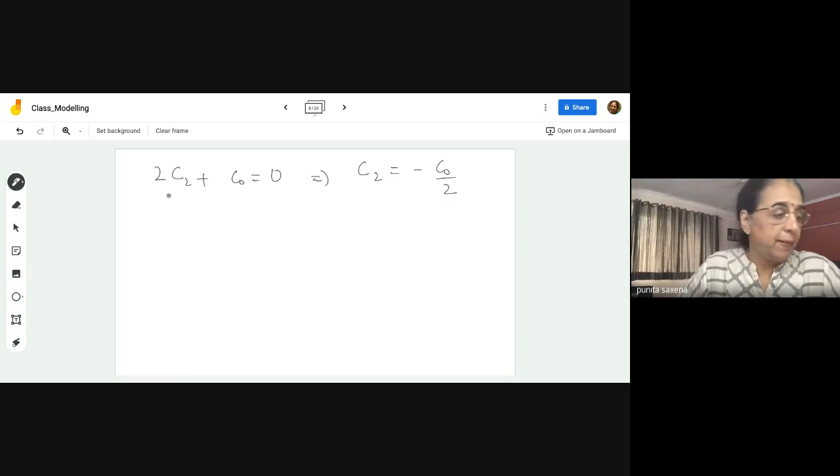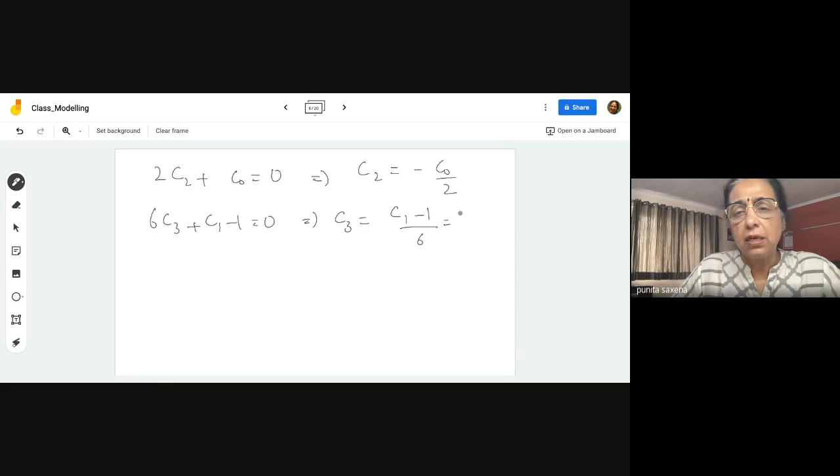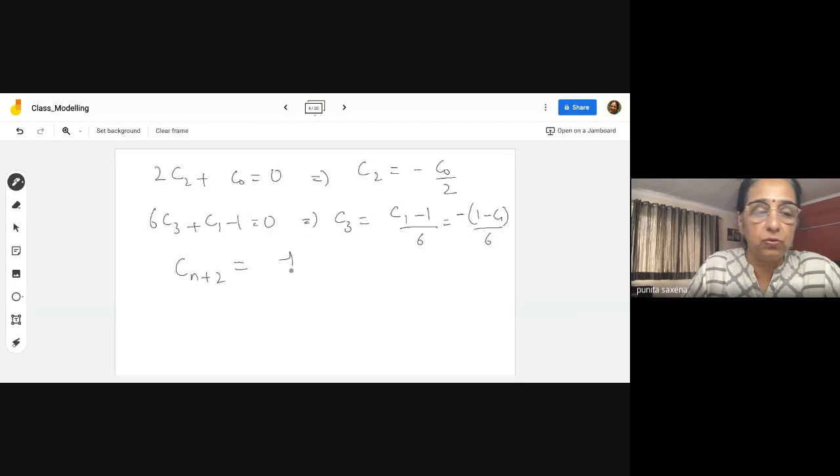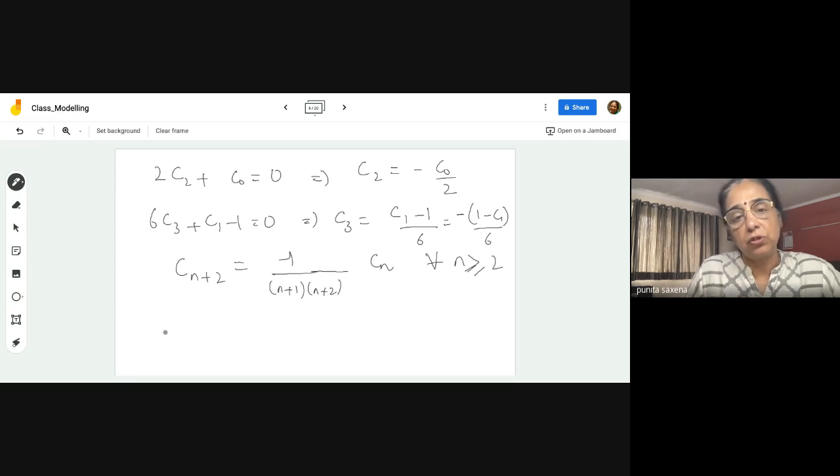This is what will come, right? Similarly, the second term is going to give you 6c3 plus c1 minus 1 equal to 0, which means c3 is equal to minus of c1 minus 1 by 6, which I can write as minus of 1 minus c1 by 6. Okay, and what you are going to get from the last term is that cn plus 2 is equal to minus 1 upon n plus 1 n plus 2 cn, but for every n more than or equal to 2.